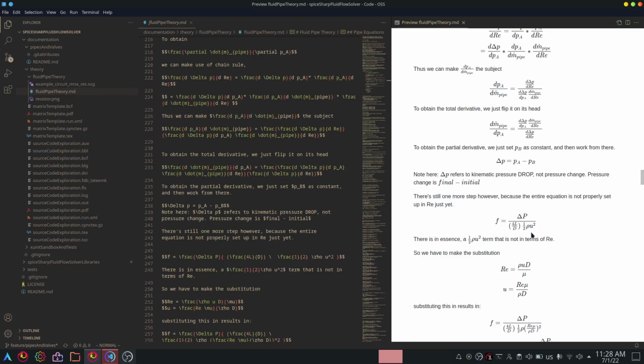Pressure drop is initial pressure minus final pressure, and PA we can call the initial pressure, PB the final pressure, unless the flow is somehow reversed. If we do a partial derivative of d delta P/dPA, one of these pressures will just disappear. So that's what we can get.